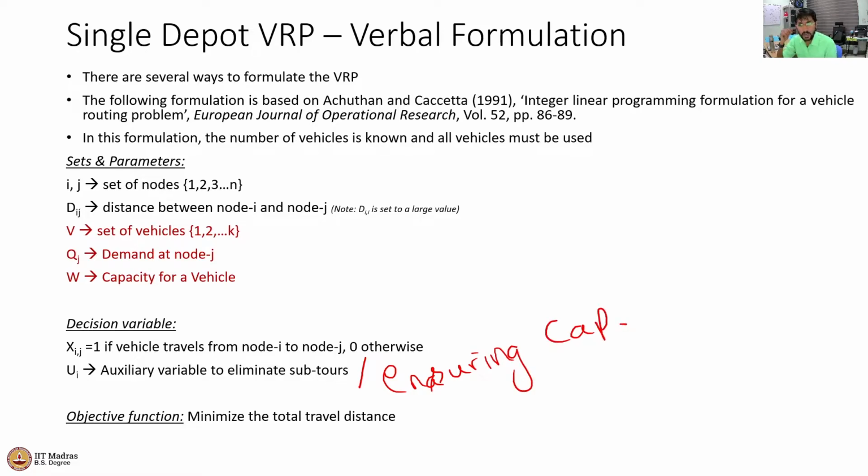In this particular formulation, the ui which was used for eliminating subtours in my TSP would be used for ensuring the capacities of the different vehicles. We will discuss that when the appropriate constraint is being explained to you.